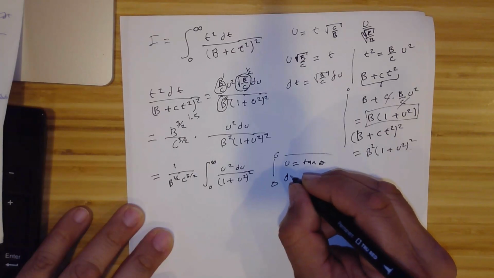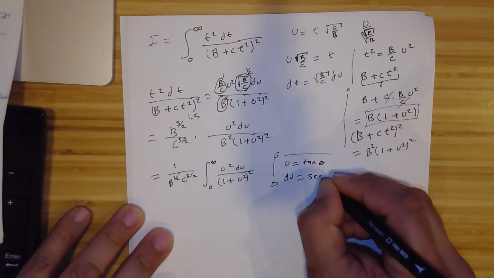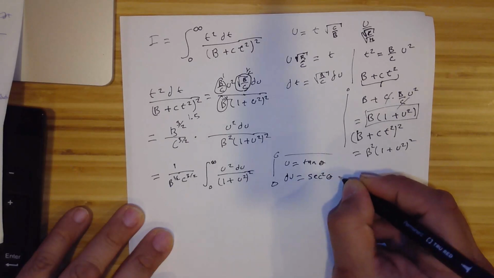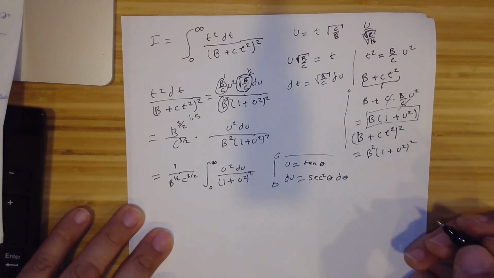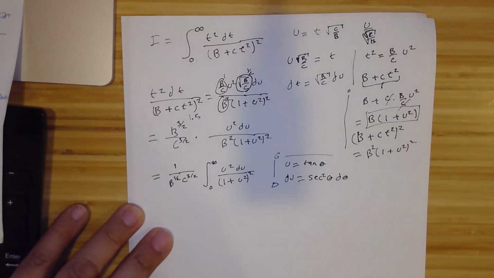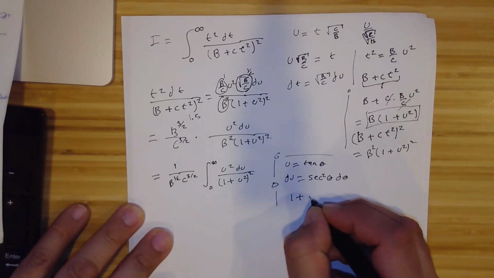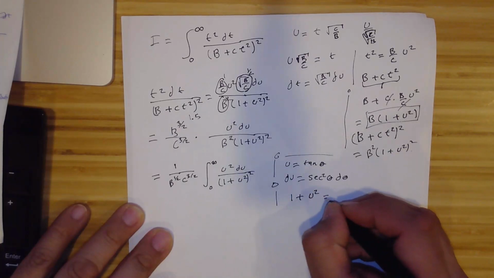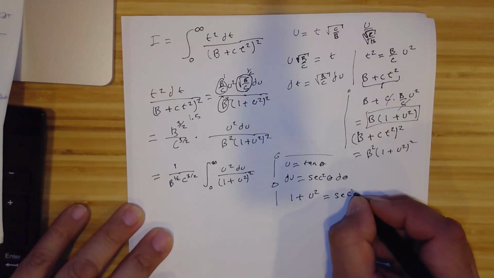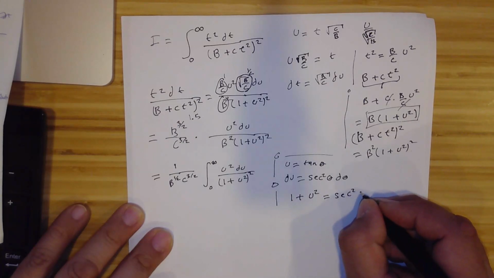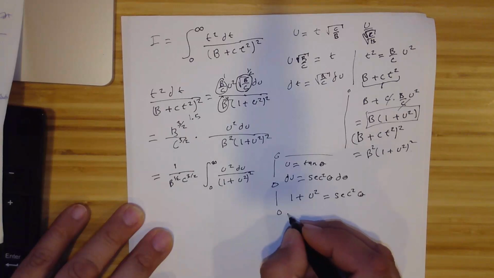And du is secant squared of theta d theta. And we also know that 1 plus u squared is secant squared of theta, right? This is an identity.